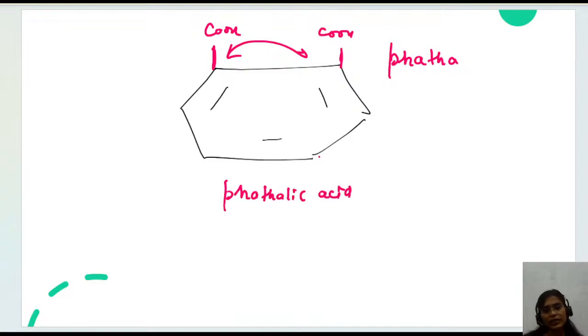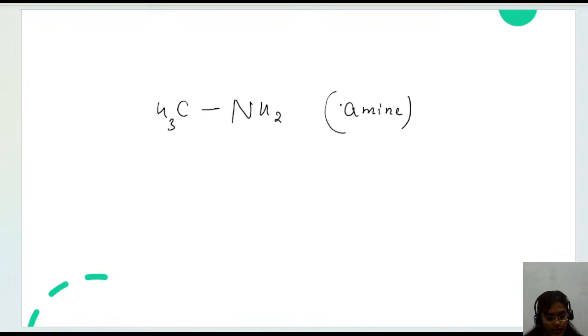Similarly, we are using phthalimide. See here, if you are noting something, the name is imide. Listen to my point. For example, if this is an NH2 group connected with some CH3 group, that is an amine. And if this is the CH3 group connected with CO and NH2, this is my amide group.